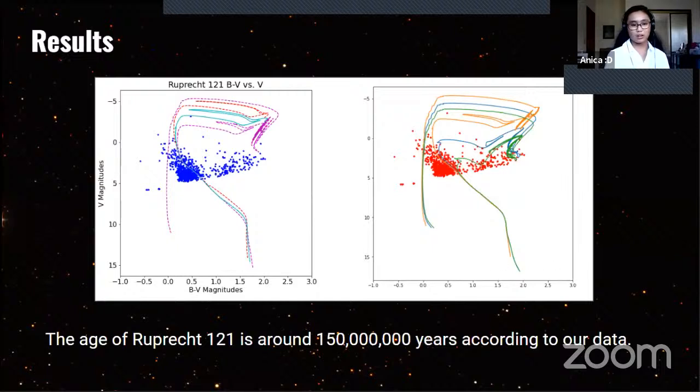Mostly all of it was just noise because when we subtracted the distance modulus, there were stars in the background and the foreground that were part of the image.